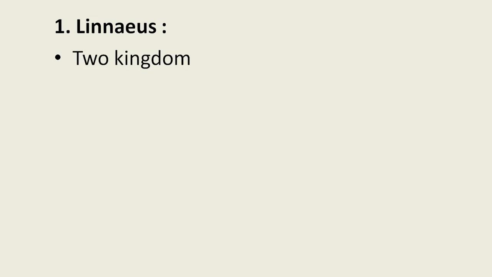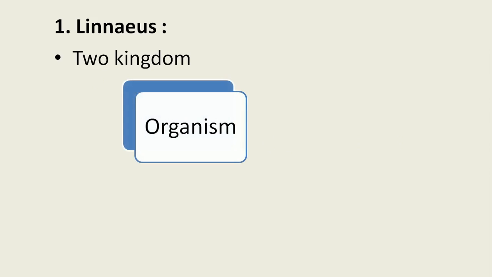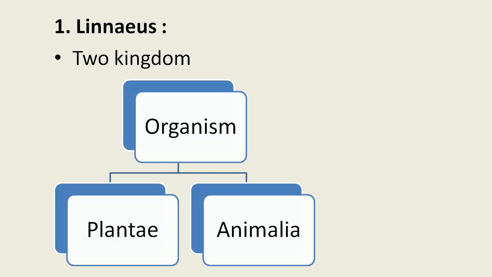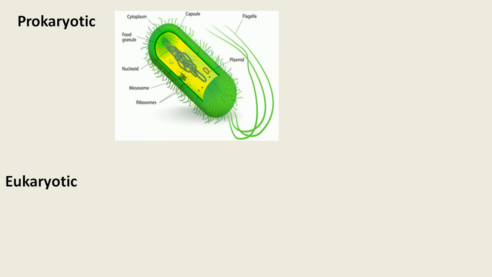Linnaeus followed the two kingdom classification, which we already discussed. Organisms were divided into Plantae and Animalia, but from the microscopic observations we see that there are a few more characters. One parameter added to the classification is prokaryotic and eukaryotic.